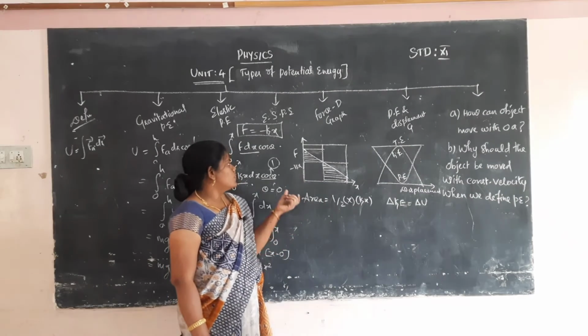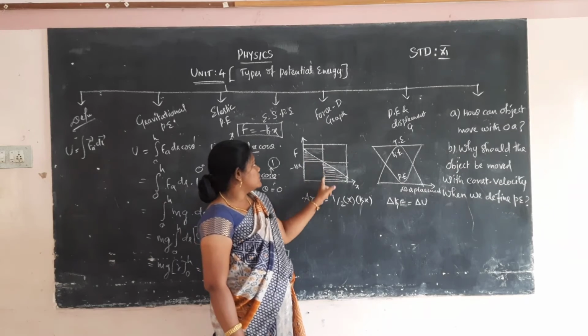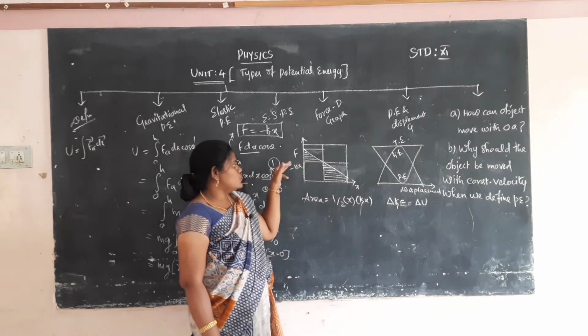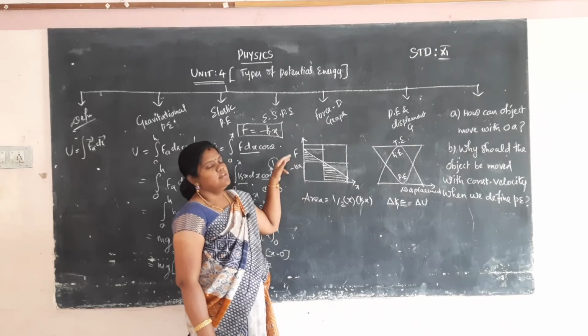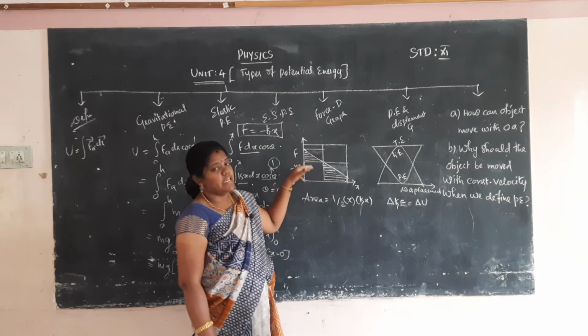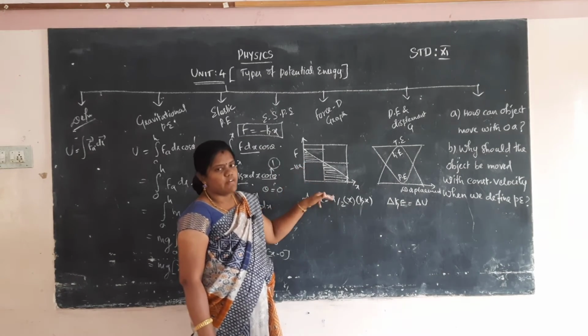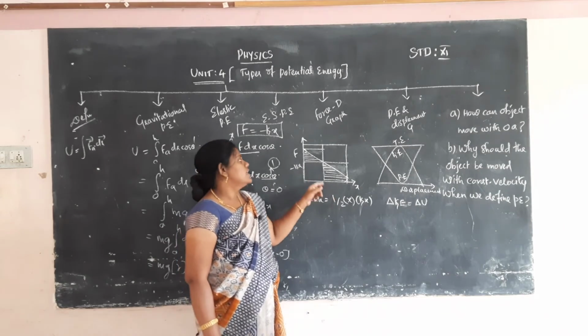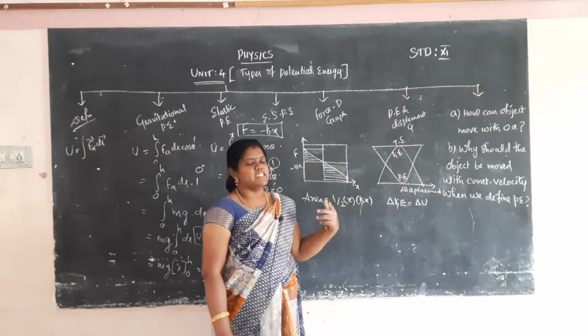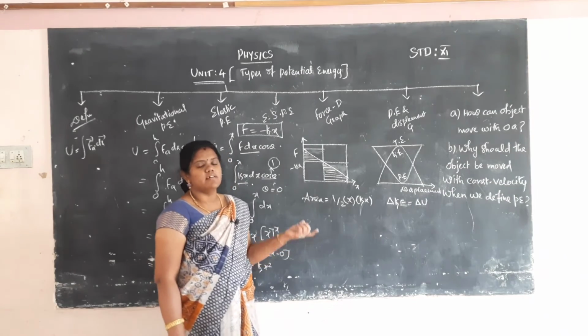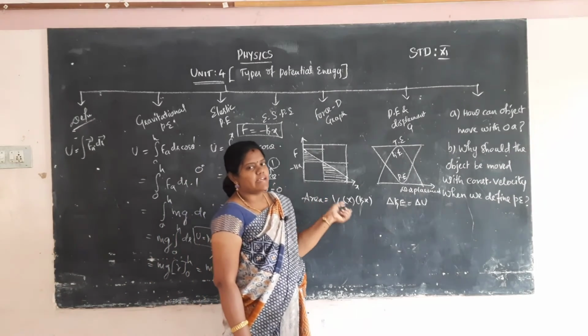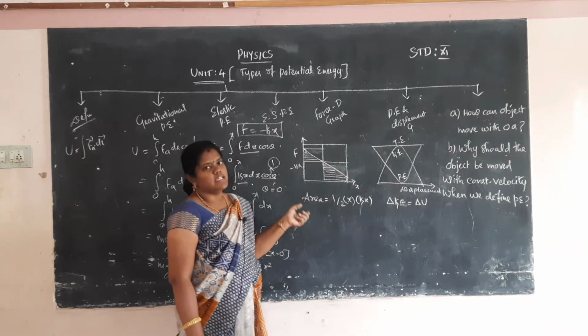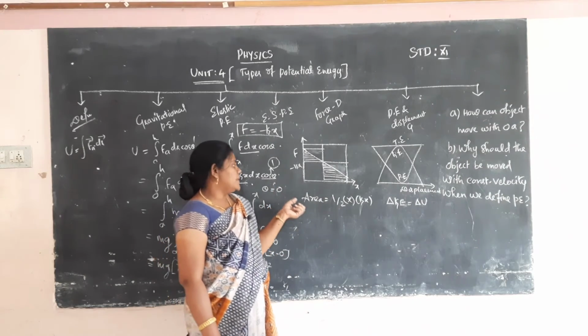This is one triangle, and this is one triangle. When you plot the force against displacement, the area covered under the graph forms triangles, and the triangles are used to easily calculate the work acting on the object and the energy the object has.